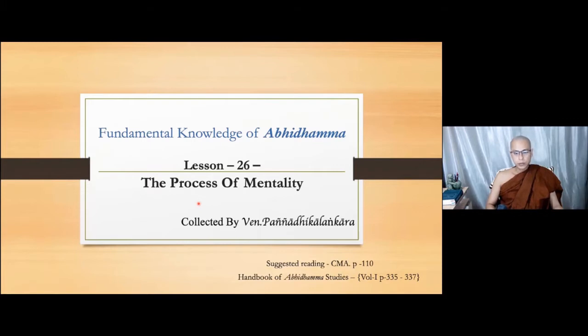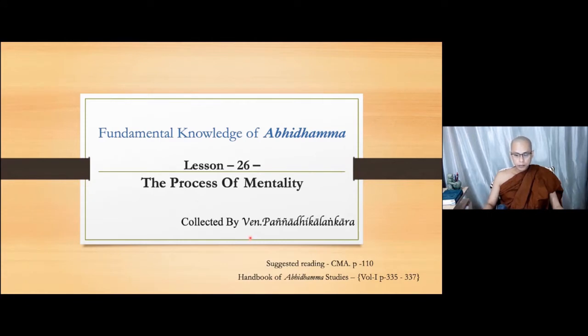When we study rootless consciousness, it is quite complicated because it consists of different types of consciousness, eye consciousness, ear consciousness, etc. For the unwholesome consciousness, based on the roots, the classification is quite clear: Lobha, Dosa, Moha, so Lobha-mula, Dosa-mula, and Moha-mula.